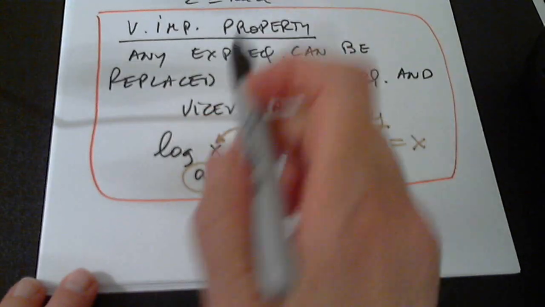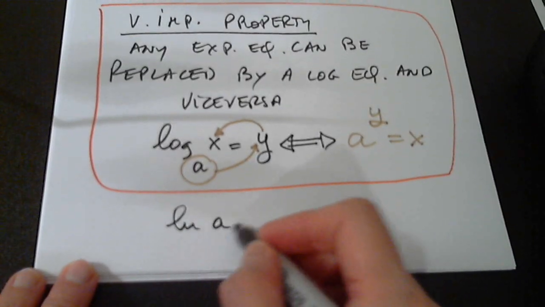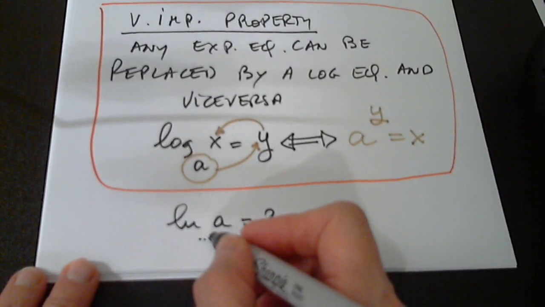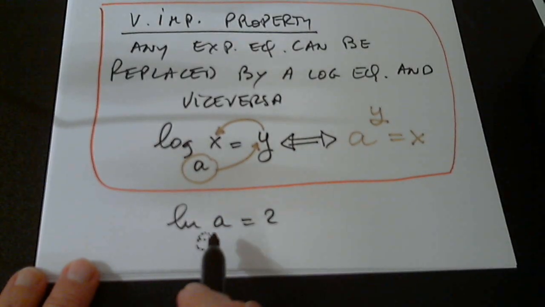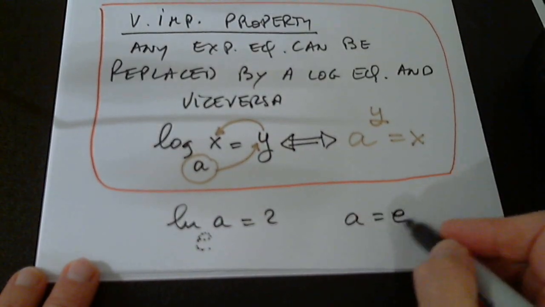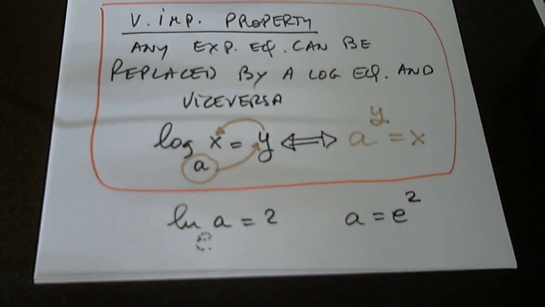So our equation, natural log A equals 2. We know that the base is e, so e squared equals A. So A equals e squared. And what is e squared? And that is in thousands. So very simple. Here's the e, and squared.